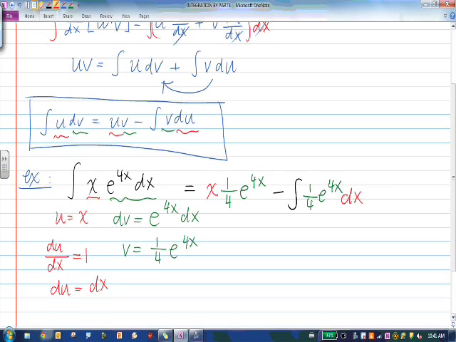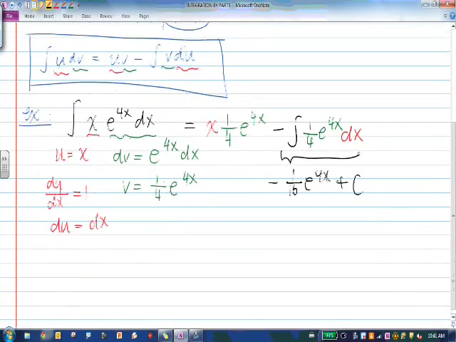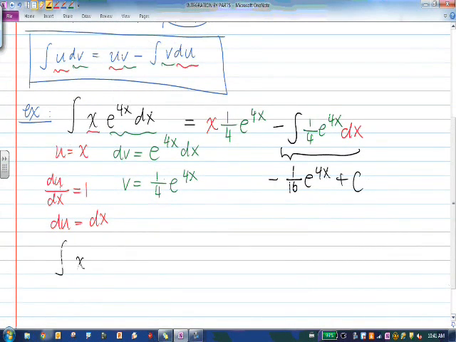If you do this correctly, the integral should be pretty easy to integrate. So now we can integrate that as negative 1/16 e to the 4x plus c. So the final answer is that the integral of x e to the 4x dx is 1/4 x e to the 4x minus 1/16 e to the 4x plus c.